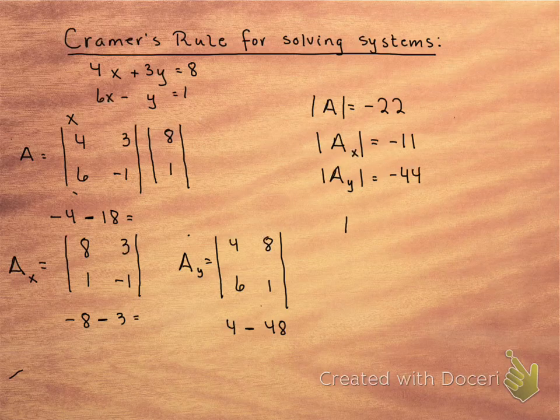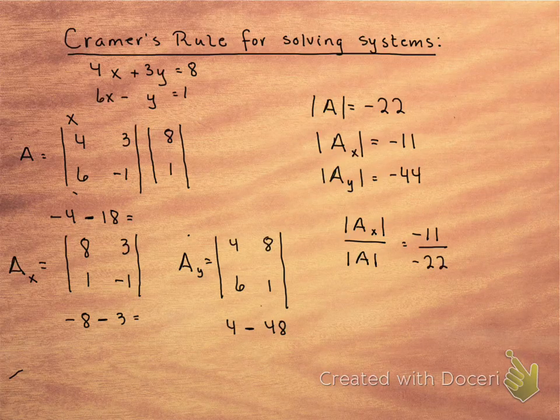And then the way you solve, you're going to put the X determinant over the main determinant. So, negative 11 over negative 22 tells us that the x coordinate is 1/2.